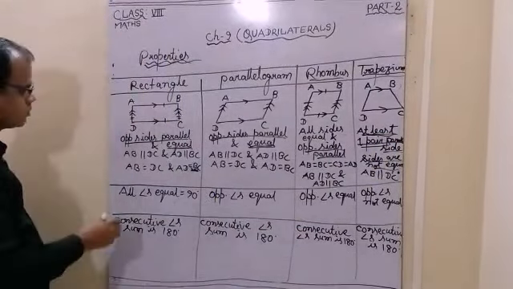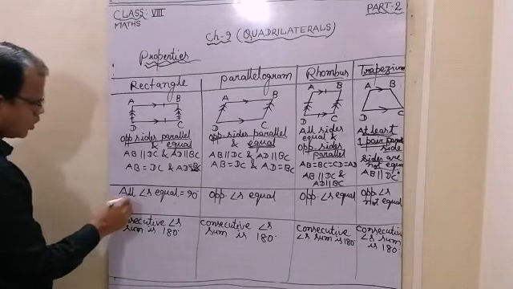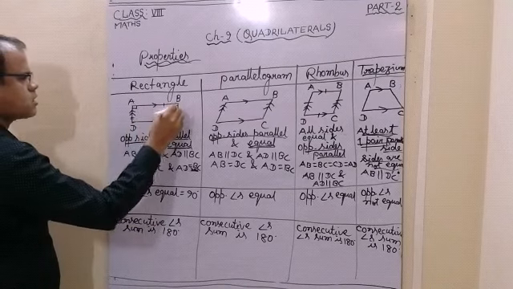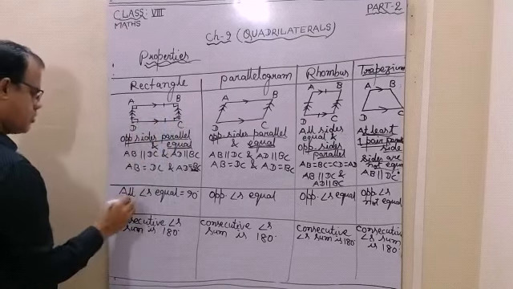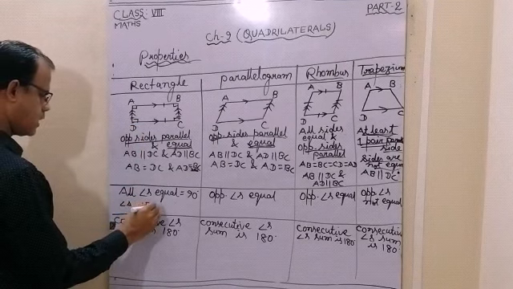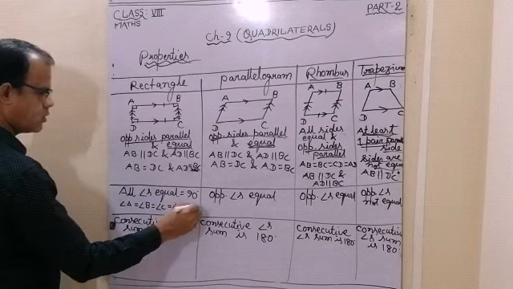Okay, now moving to next properties. Look here, all angles are equal, 90 degrees. So look here, this angle is 90 degrees. So we can say that angle A equal to angle B equal to angle C equal to angle D equal to 90 degrees.